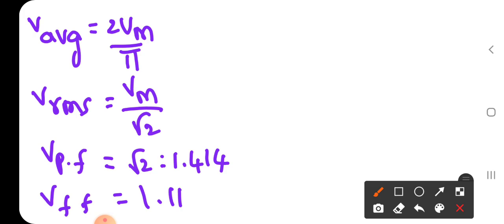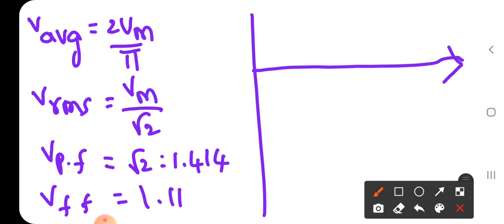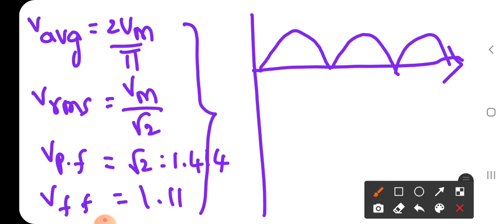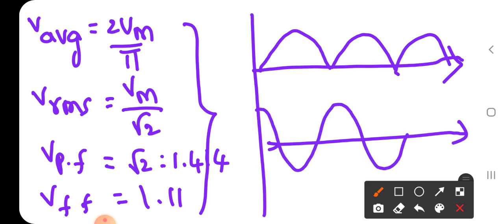These are the values for all sinusoidal quantities. You will get the same values for this kind of waveform also, and even if you take the cosine wave, you will get the same. This is for the RMS, average, peak factor and form factor of a sinusoidal quantity.